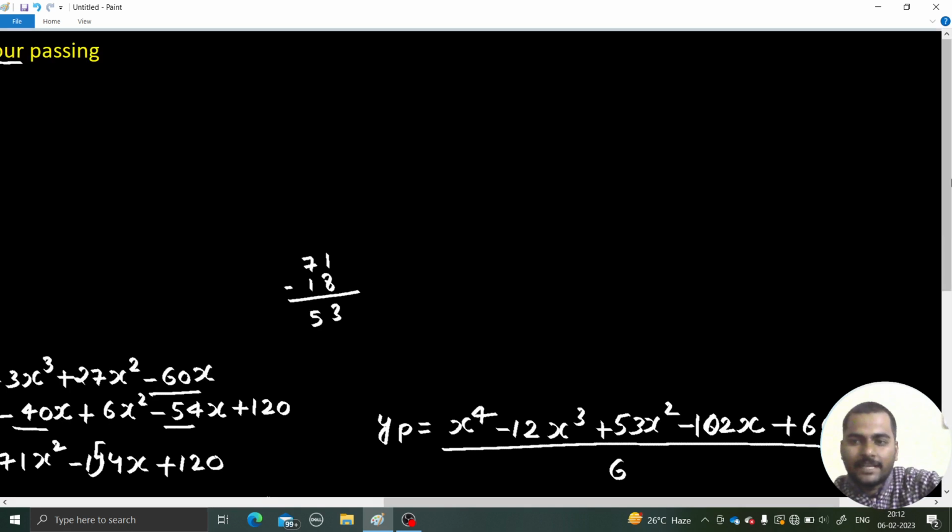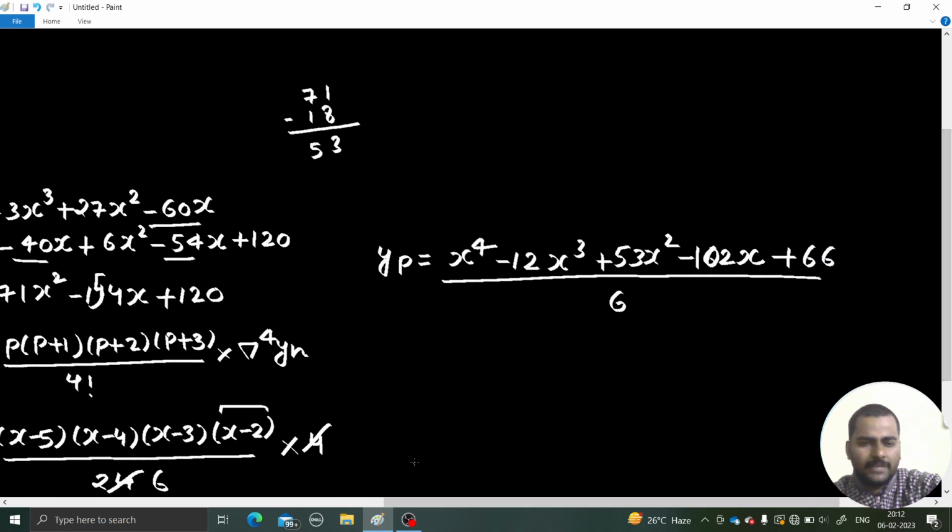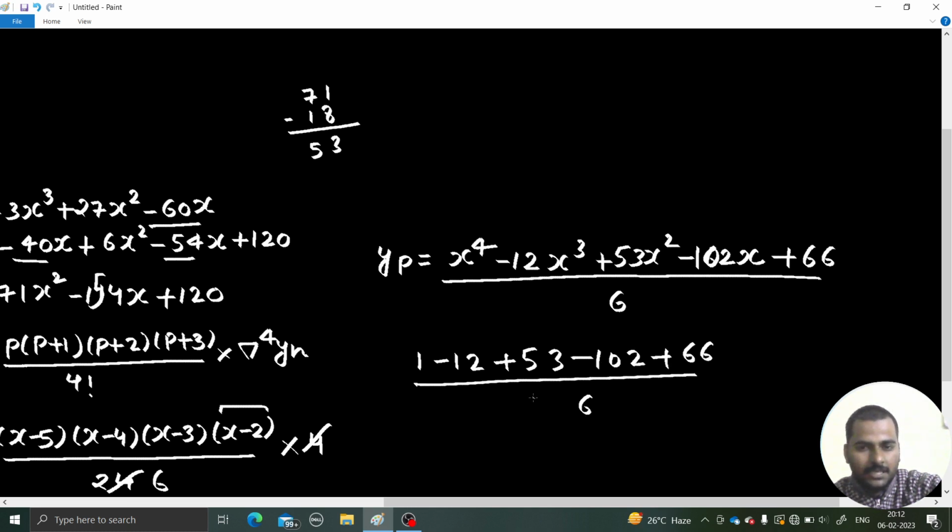So this is the final expression, and if I check the other way around also, if you put 1 here, you're getting 1 minus 12 plus 53 minus 102 plus 66 divided by 6. So you should get 50, 60, 110 plus 9, 119, 120.